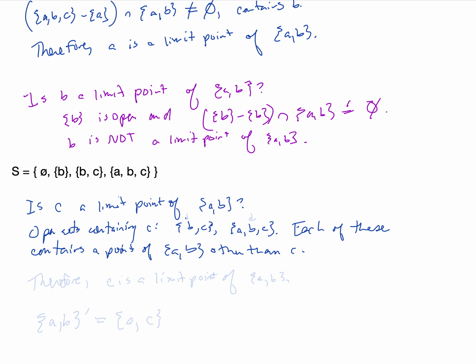Each of these contains the point B, which is not equal to C. And so, therefore, C is a limit point of the set {A, B}. So in this topology, the limit points of the set {A, B} are the set {A, C}. A is a limit point, C is a limit point, B is not.